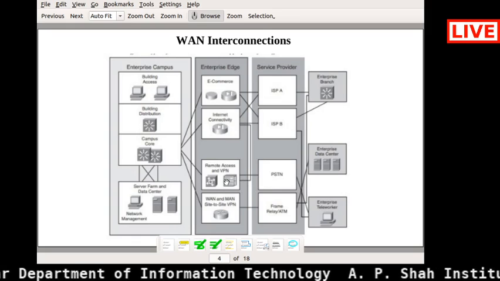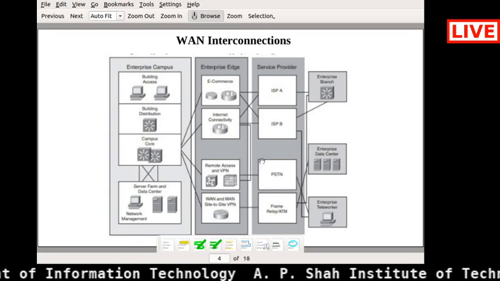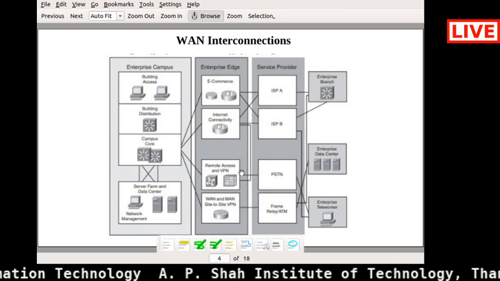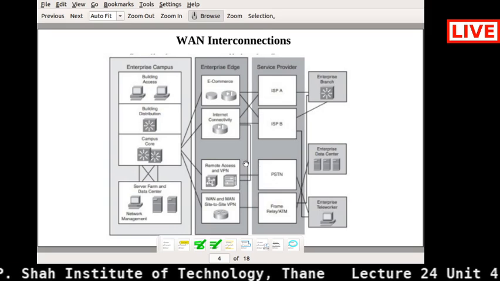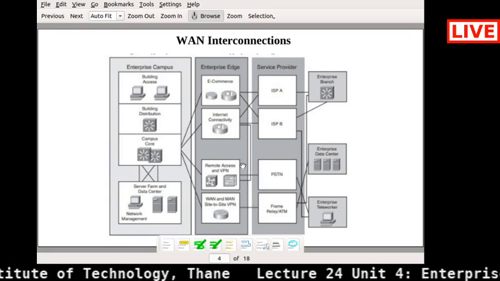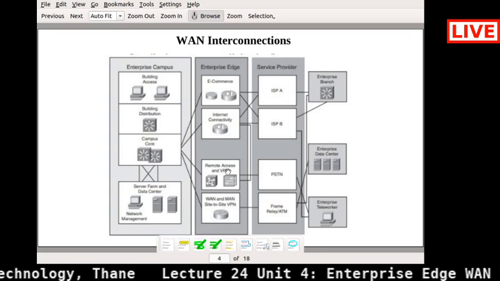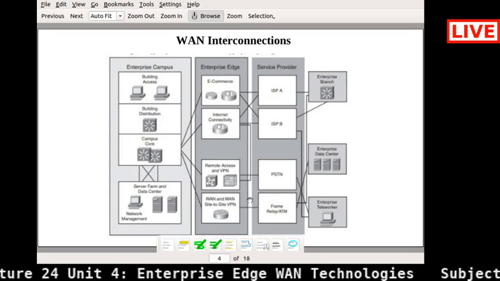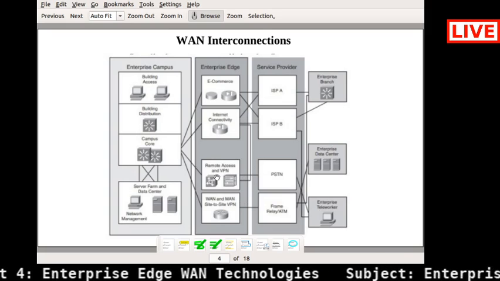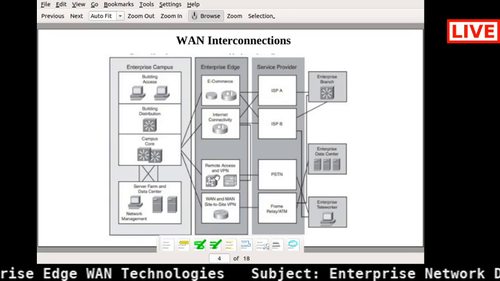Also there is a connection between the PSTN and the remote access. PSTN is the public switched telephone network, and it has connectivity to your enterprise site's remote access.